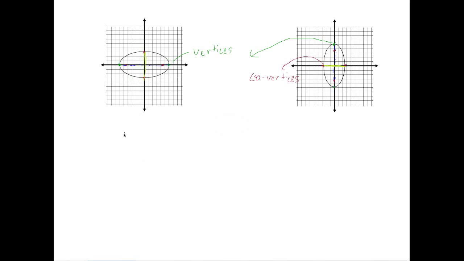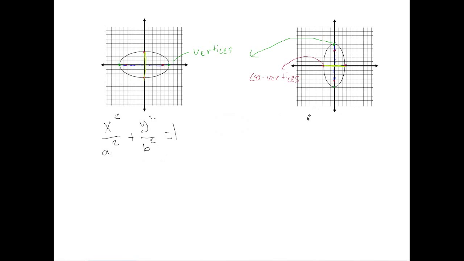Okay, so standard form of an ellipse is given like this. For a horizontally oriented axis, it's given as x squared over a squared plus y squared over b squared equals 1.